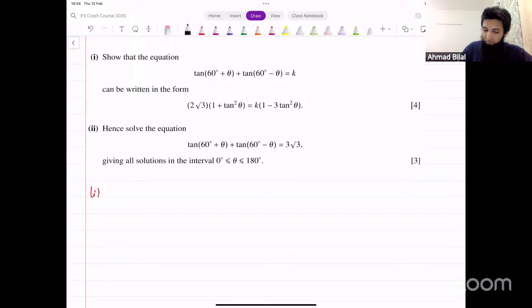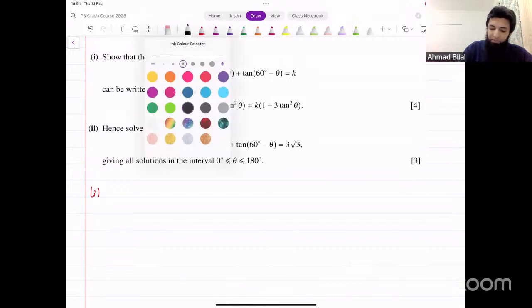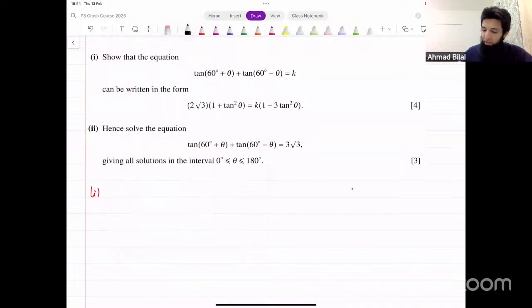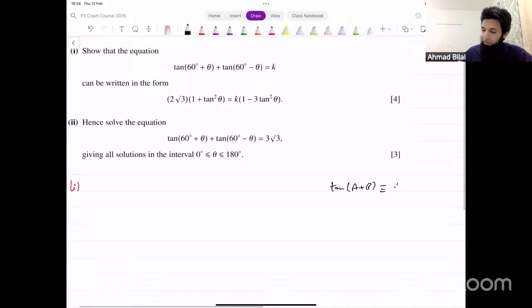We have both of them here, tan of A plus B and tan of A minus B. Let me write them here on the side. Tan of (A plus B) is identical to (tan A plus tan B) divided by (1 minus tan A times tan B).